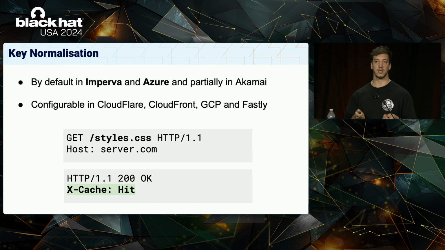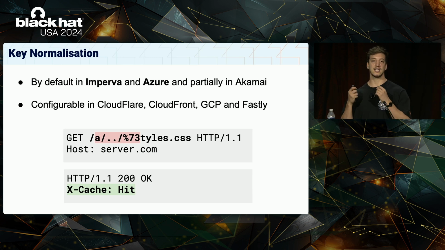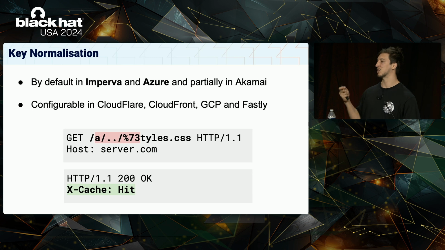And if we observe that this is being retrieved from the cache, then we just need to modify the path so that when normalized, we again get styles.css. If we get the same response, and the response was also obtained from the cache, so for instance, if we find that there's an X-Cache header with the value hit, then we will be able to use this and modify the key, as I'm going to explain later.